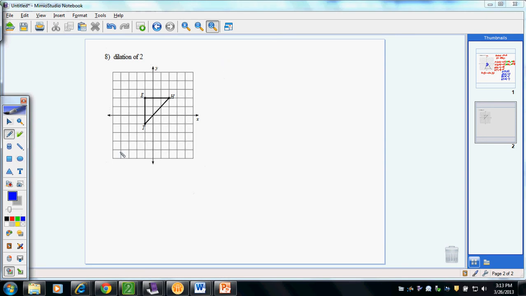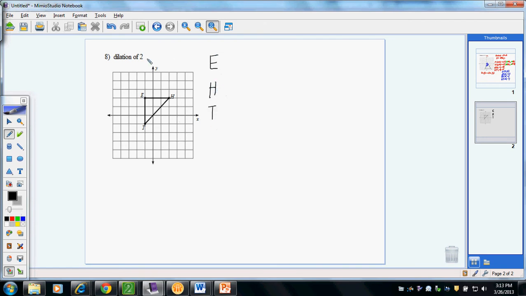So we have our points E, H, and T. Again, our scalar is 2. Our original point E is negative 1, 2. H, we have our x is 2, y is 2. And T is going to be negative 1, negative 1.